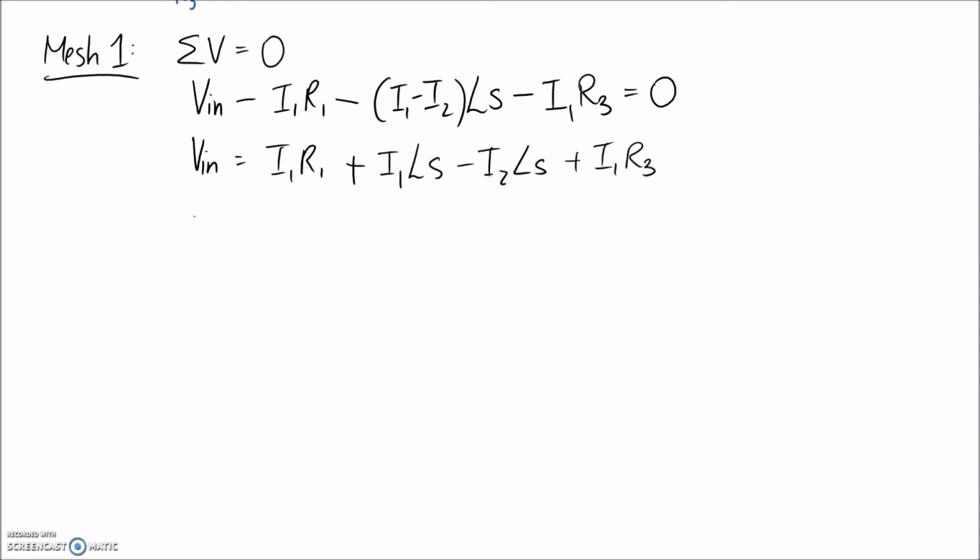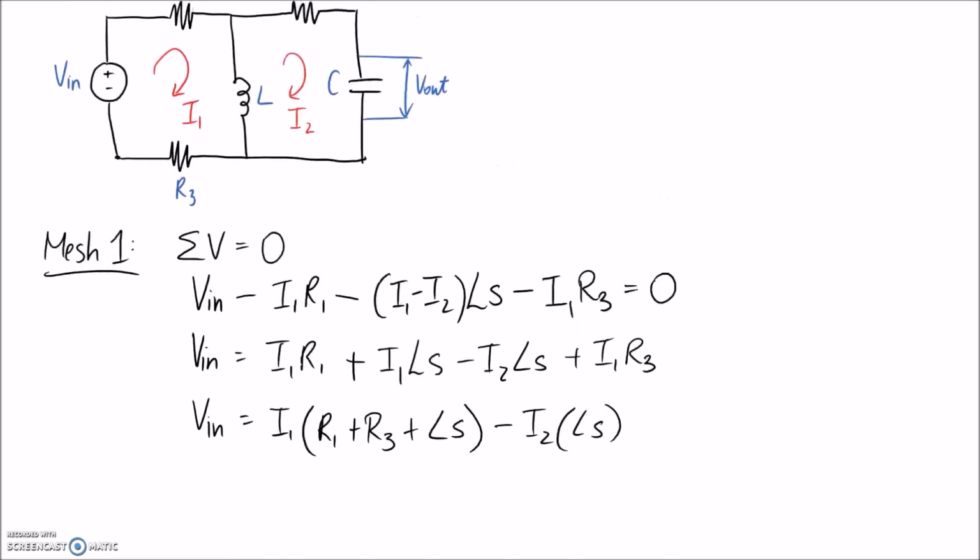Alright, and now what I want to do is factorize out my currents. So I1, if I factorize it out, I'm going to have this one, and this one. And for I2, I think it's only in here. Alright, so I'm going to leave it like that, and we'll come back to solving it in a moment.